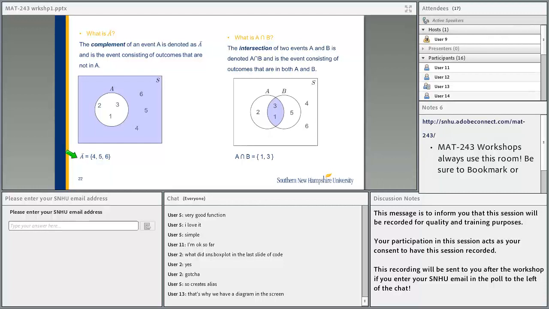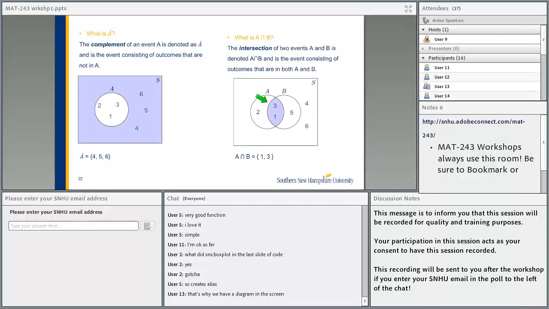We can also similarly find B complement. What is A intersection B? The intersection of two events A and B is denoted A intersection B and is the event consisting of outcomes that are in both A and B. So you have to include values that are common to both.